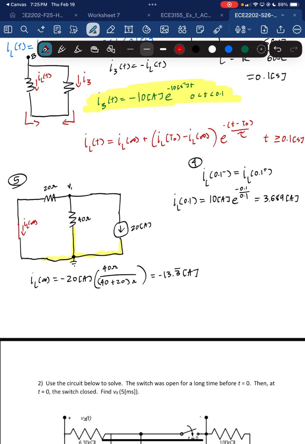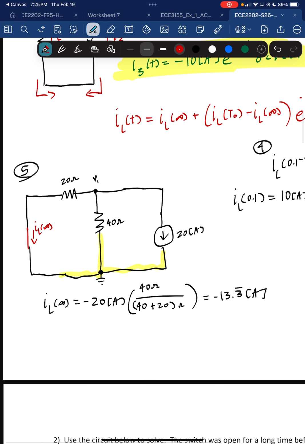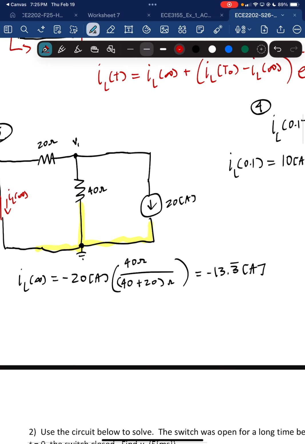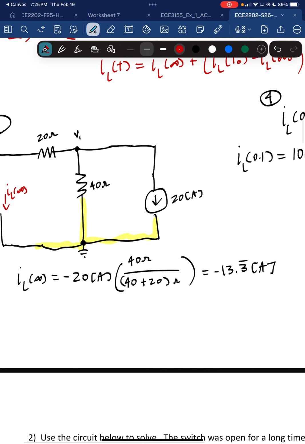Yeah, of course. So current divider, the way it works is you need a current source in parallel with two or more resistors. And there's two components of the current divider. There's your source current, and then there is your resistance ratio, right?